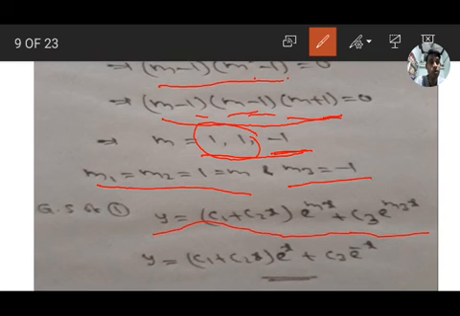Therefore y equal to c1 plus c2 x times e to the power of x, plus c3 into e to the power of minus x. This is the general solution of the given equation. Here two roots are real and equal and another is real and different. So this is the solution.